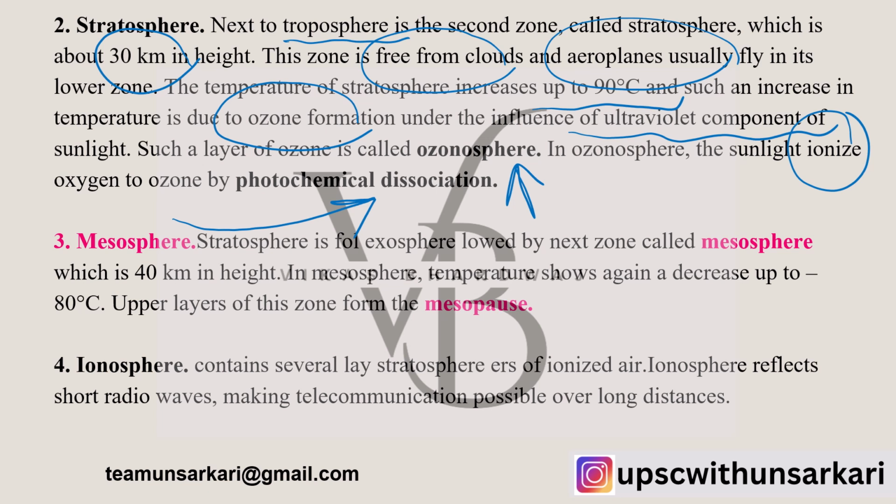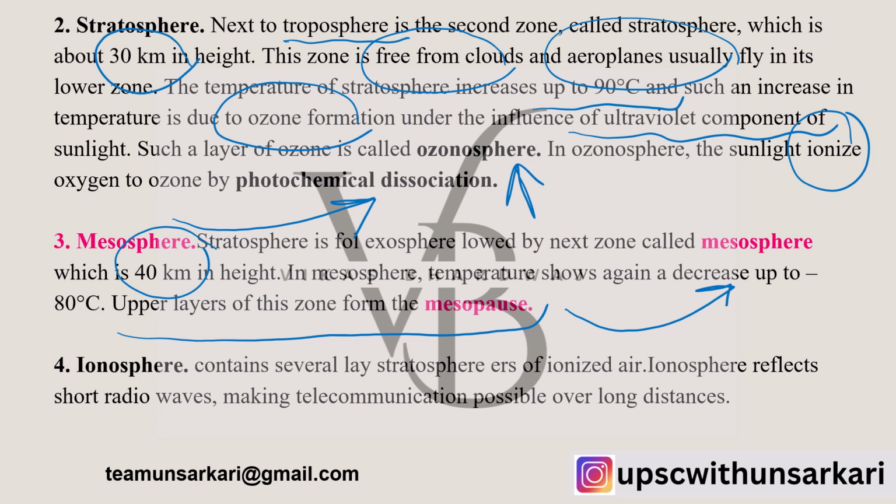Coming to the mesosphere, it is the next zone, about 40 kilometers in height. In the mesosphere, temperature again decreases up to 80 degrees centigrade, and the upper layers of this zone form the mesopause. The ionosphere contains several layers, and as we move further, it reflects more and more layers.